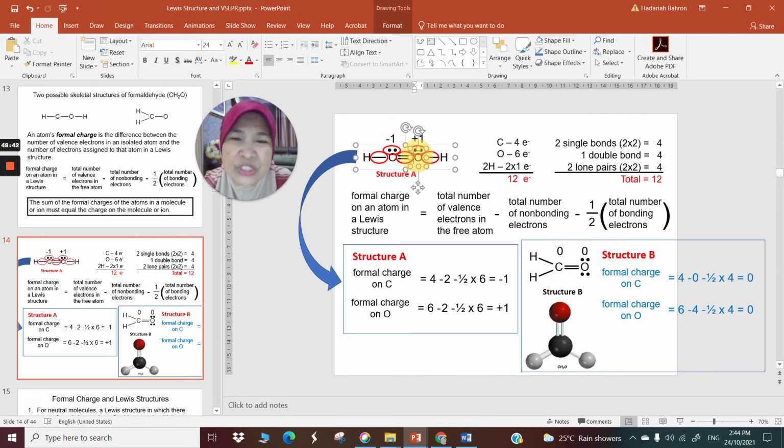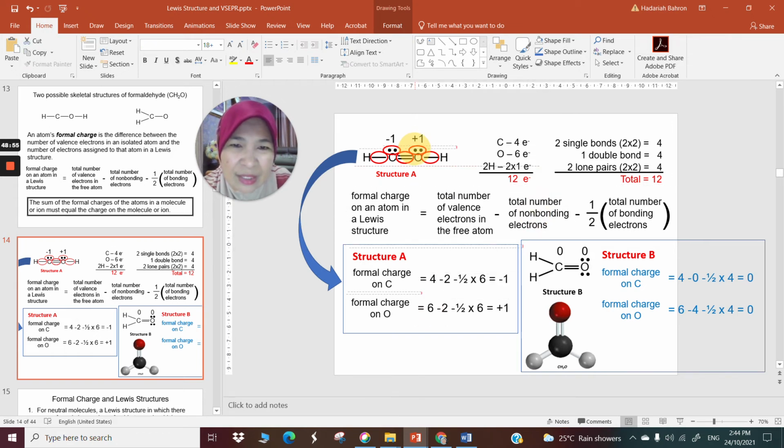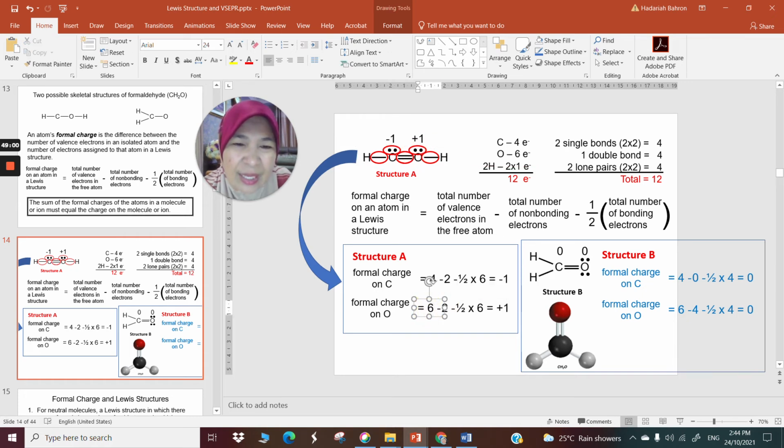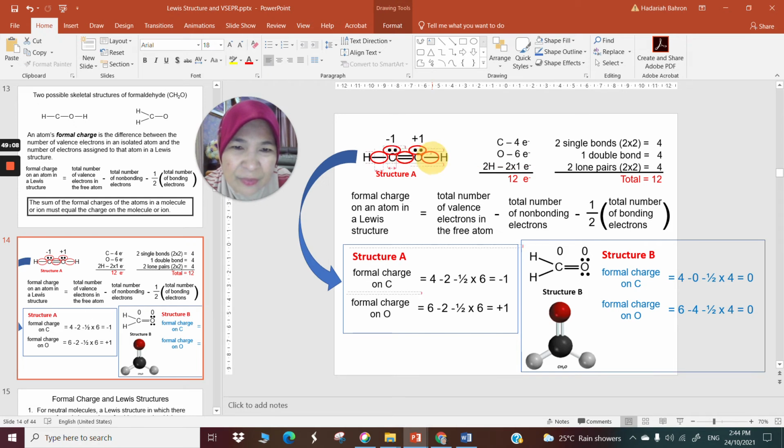Let's have a look at the formal charge of the oxygen. The total number of valence electrons in the free atom of oxygen is 6. Total number of non-bonding electrons: a lone pair there, so minus 2, 6 minus 2. And half of the number of bonding electrons: 2 bonds on the left makes 4 electrons, 1 on the right makes 2 electrons, so that's 6 electrons altogether.